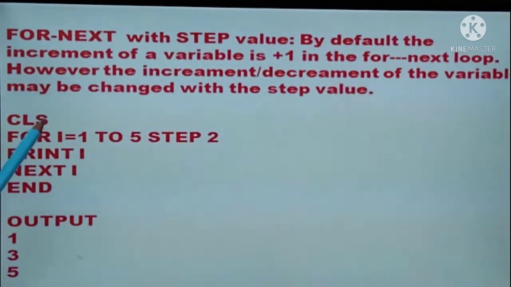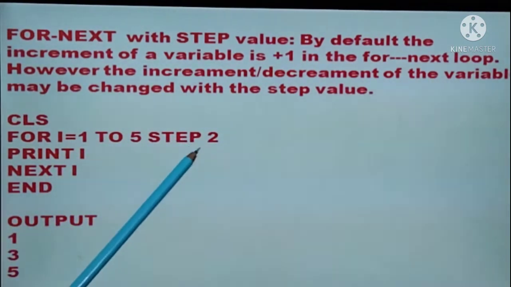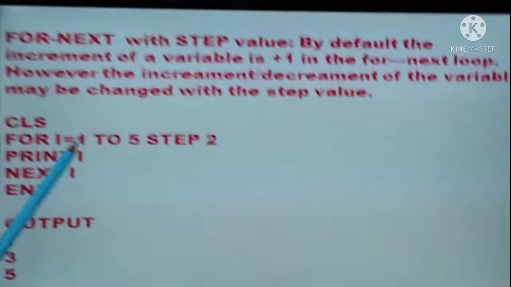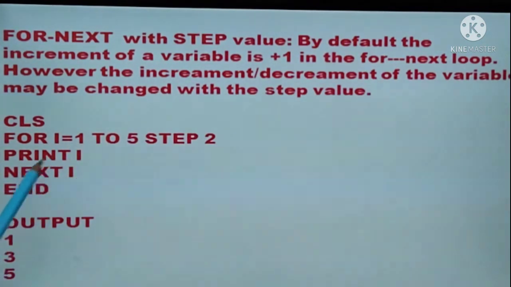So the syntax is for I the variable equal to 1, 1 is your initial one, to 5, step 2. So that means I am increasing the value of I by 2. So I am printing it, and this is your next I. So for the first time it will be 1, so it will print 1.